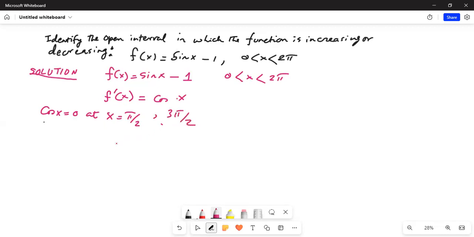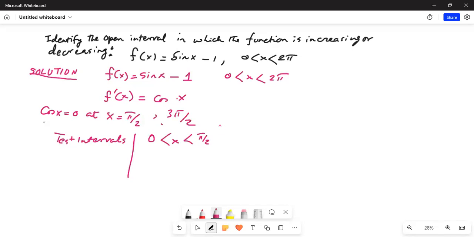Okay, so we will test several intervals. The first test interval will be x between 0 and pi by 2.